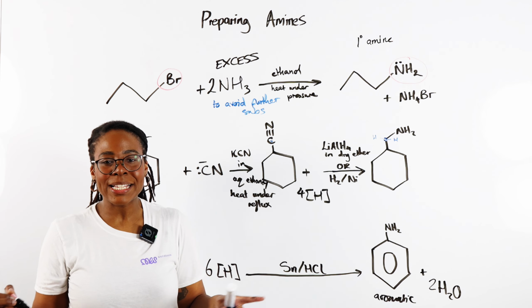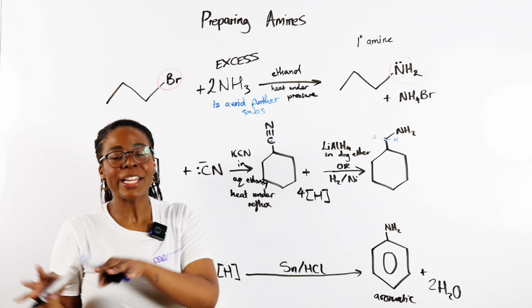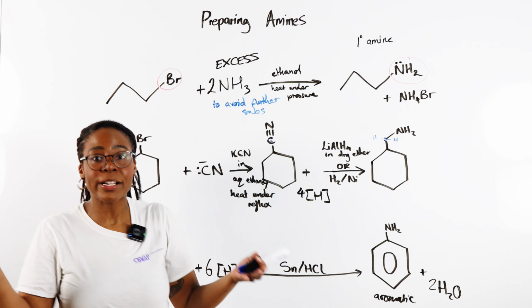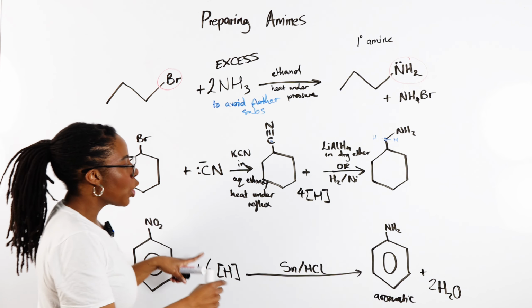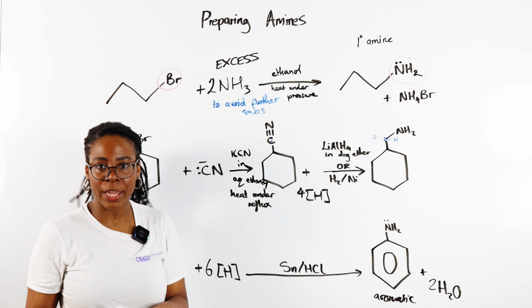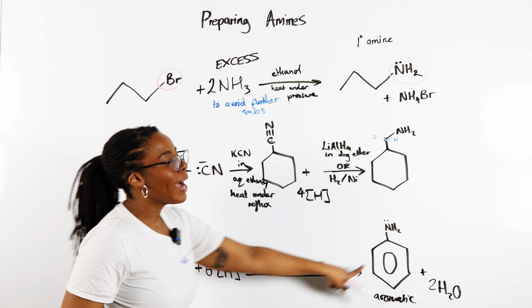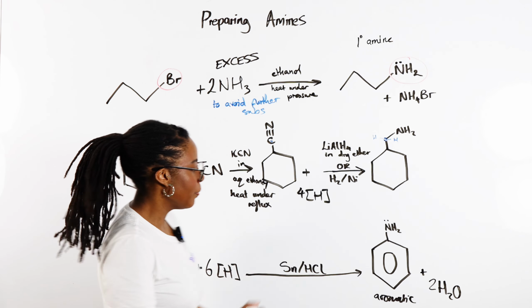Something that is not necessarily strictly on the spec, but is worth spotting in case they weave it into a longer synthesis or practical question, is that because we're forming an amine, which we know is basic because of the lone pair on that nitrogen, and we're carrying this out in the presence of an acid, we're not actually going to get the amine straight away, right?